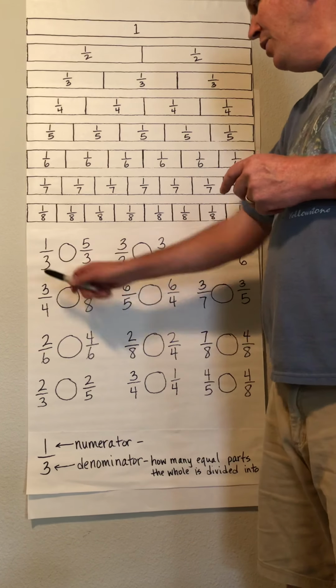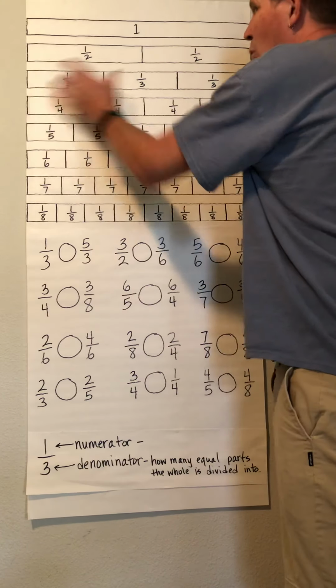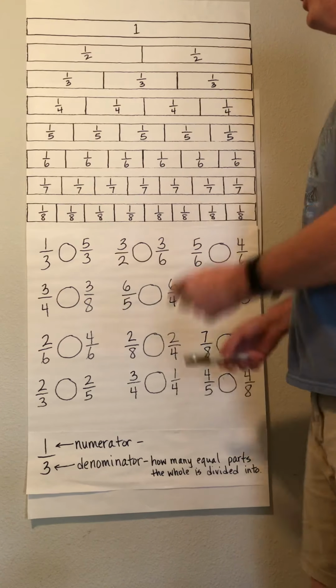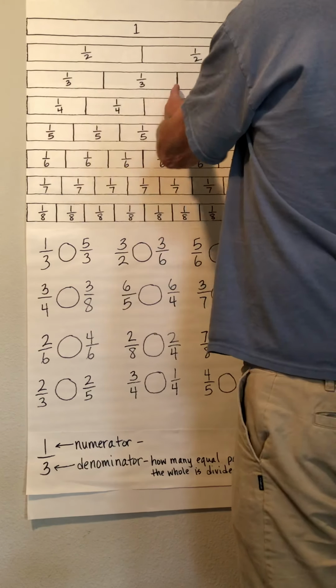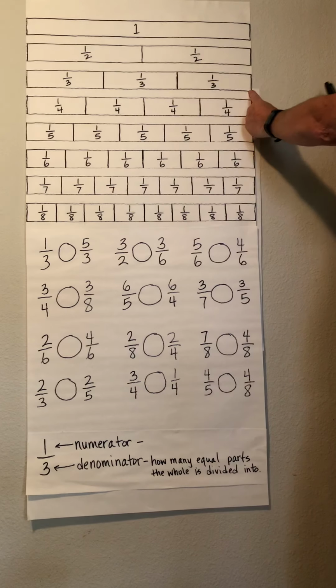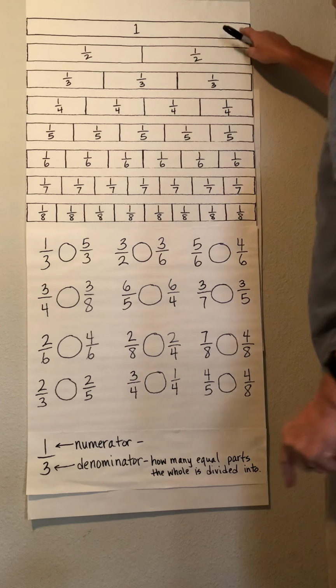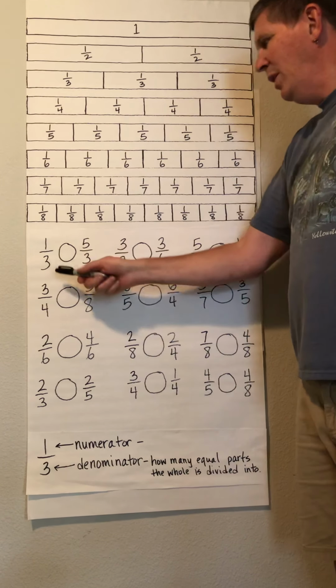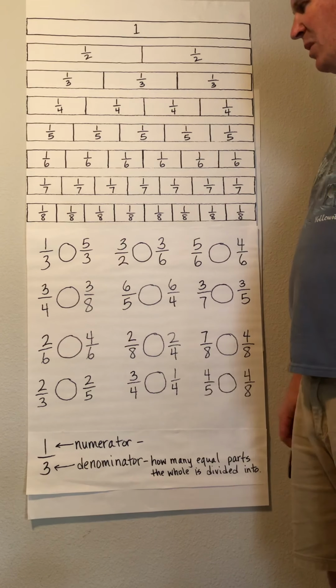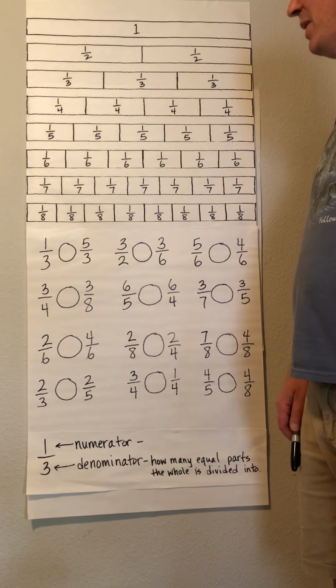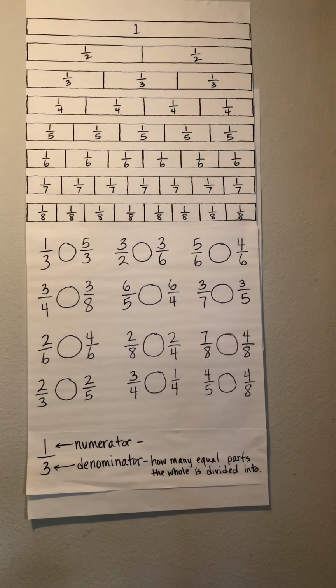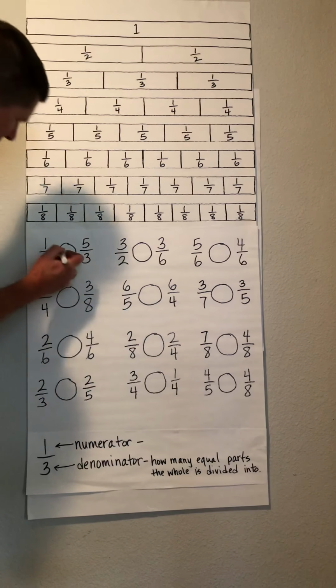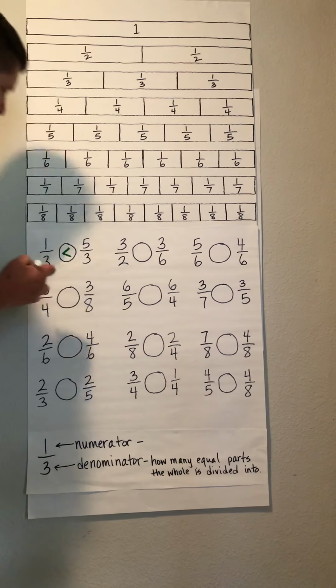So we have 1/3. And we have 5/3. 1, 2, 3, 4, it keeps going, 5. So it's more than 1. So 1/3 and 5/3. Which fraction is bigger? So our friendly alligator mouth is going to point to the 5/3.